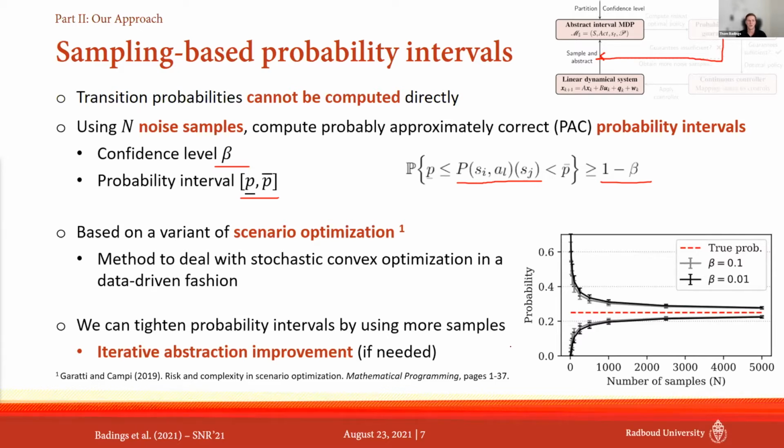This is quite an intuitive result: if we have more observations of the noise, we can obtain tighter intervals on the transition probabilities. And this is shown here in this figure on the right for just one dummy transition, which has a true probability of 0.25. And it's clearly visible that indeed the probability intervals become tighter when we use more samples of the noise.